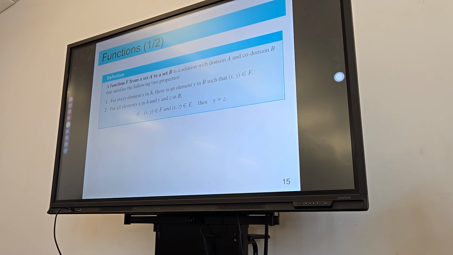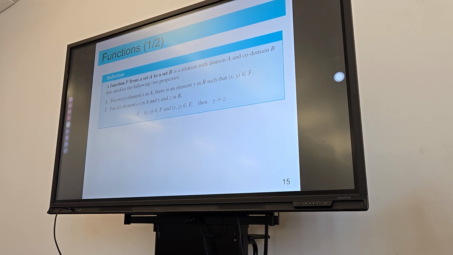For every element x in A, there is an element y in B such that the ordered pair (x, y) is an element of F. And for all elements x in A, and y and z in B, if (x, y) is an element of F and (x, z) is an element of F, then y equals z.